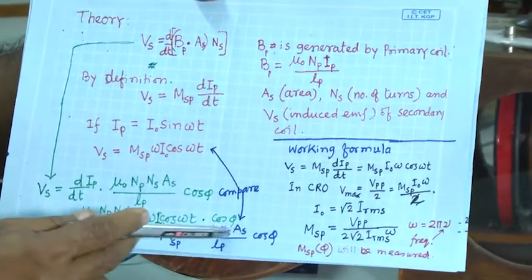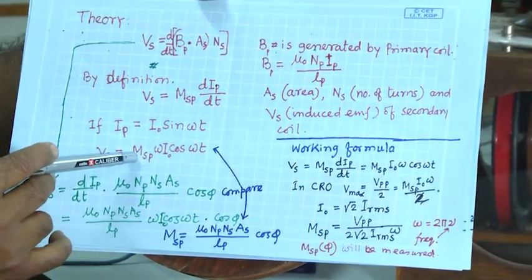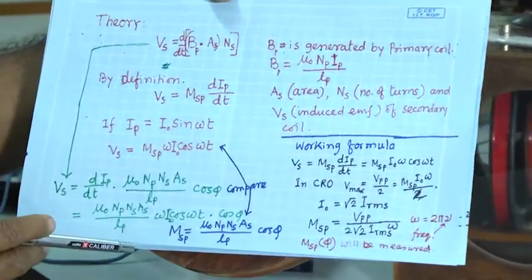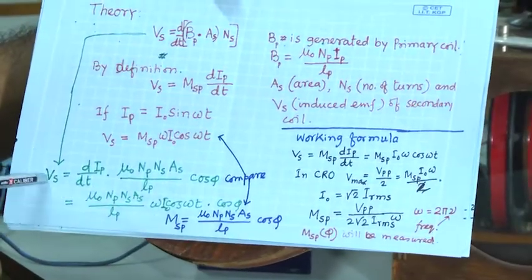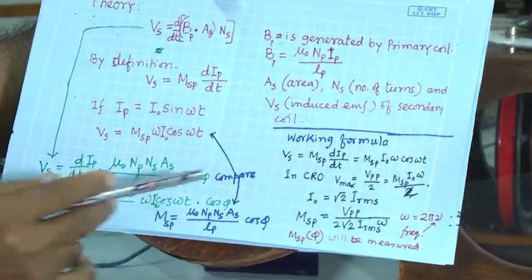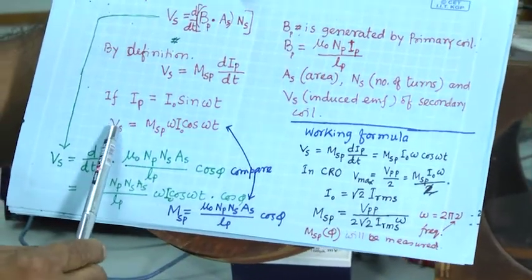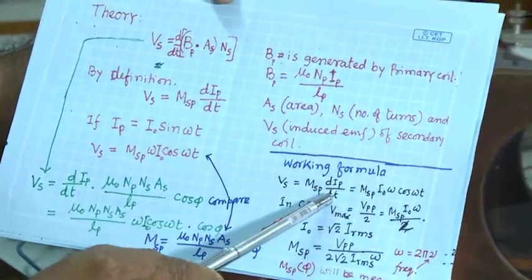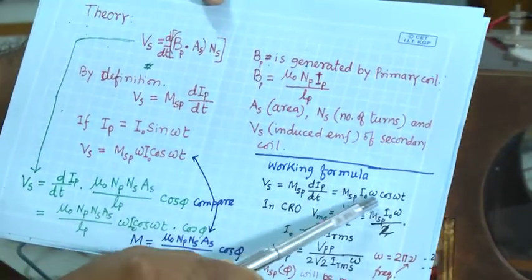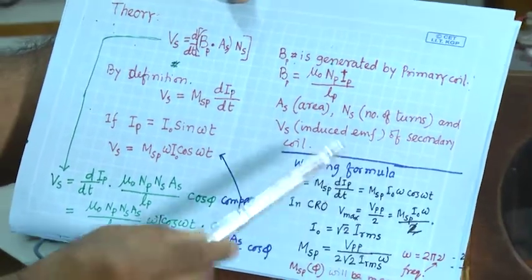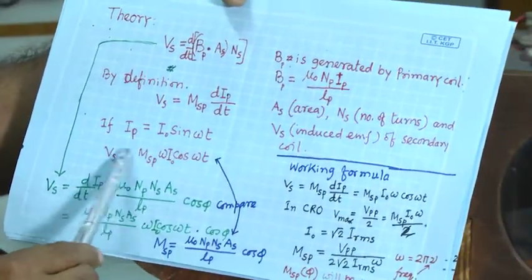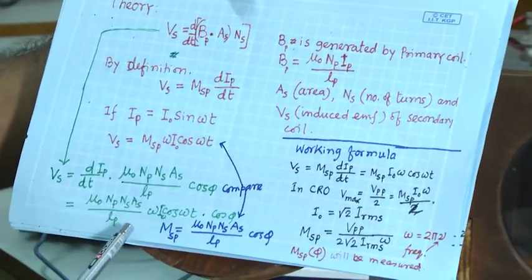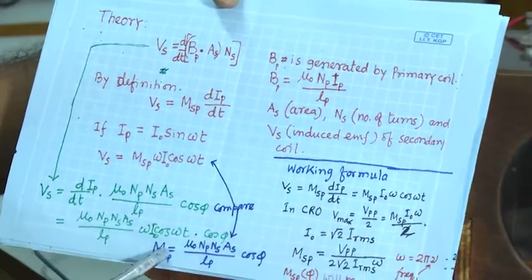So the working formula for our experiment: if you compare these two, Vs equals MSP dIp by dt. I can take this as the working formula for my experiment, because here I have shown what MSP is.